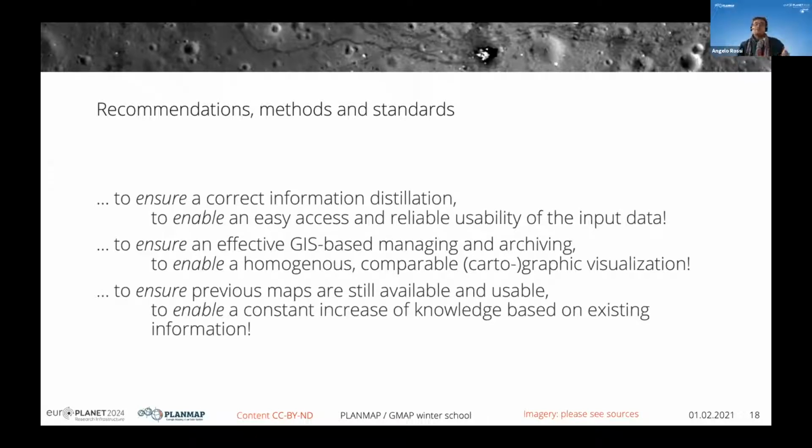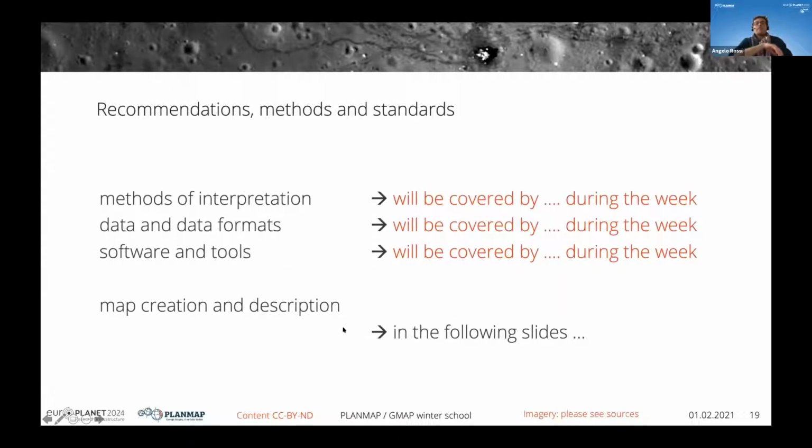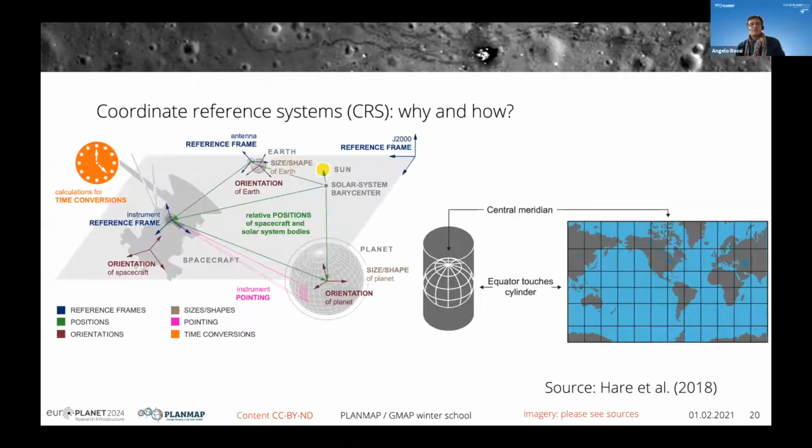And of course, the old maps, being analog or digital, should be reusable, so the information can evolve and the interpretation can be based on an improved set of data. So when it comes to methods of interpretation, part you have seen, part you will see during the week. Data and data formats, you will mostly see this afternoon. Software tools, same during the week. When it comes to map creation and design, we will get to it in the next few minutes.